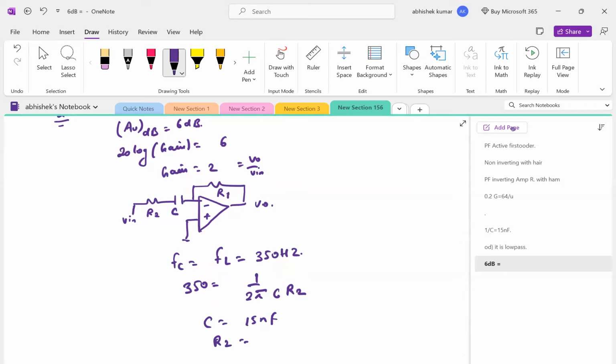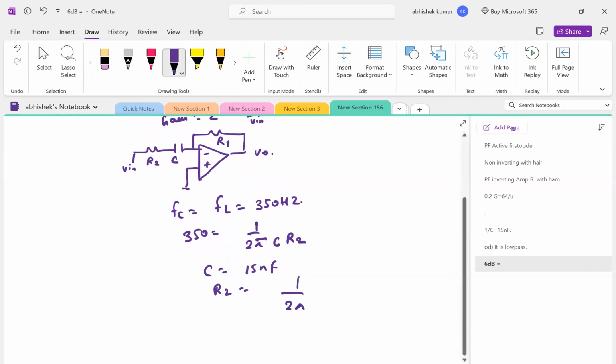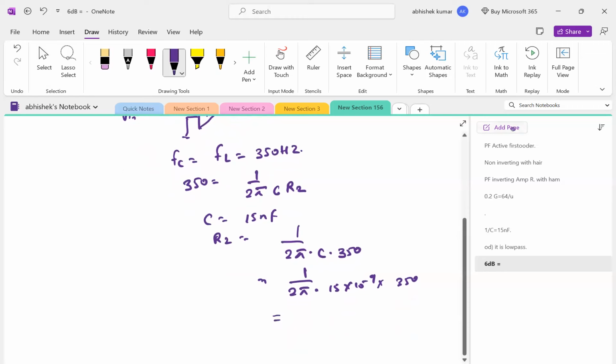We can find R2 value, right? 1 by 2 pi C into 350. If my calculation is not wrong, then it will be 30.33 kilo ohm. Yeah, it is 30.33 kilo ohm.